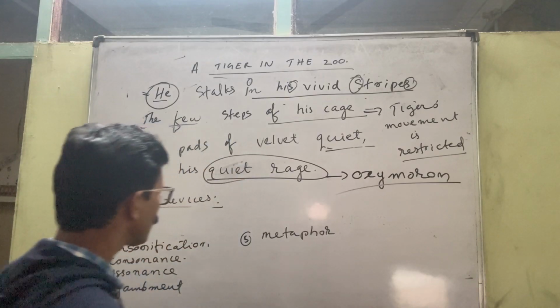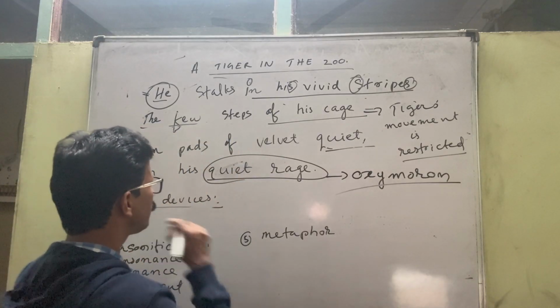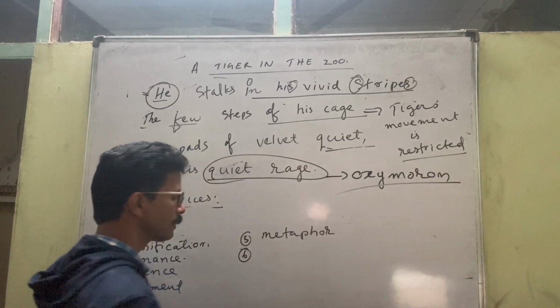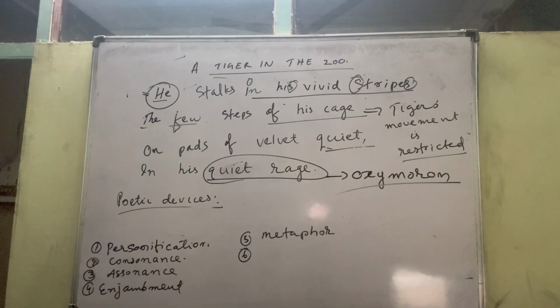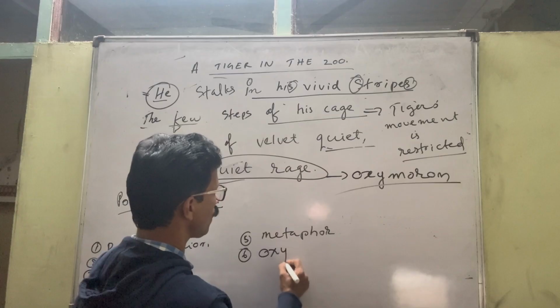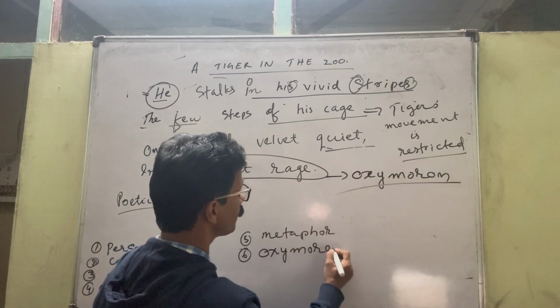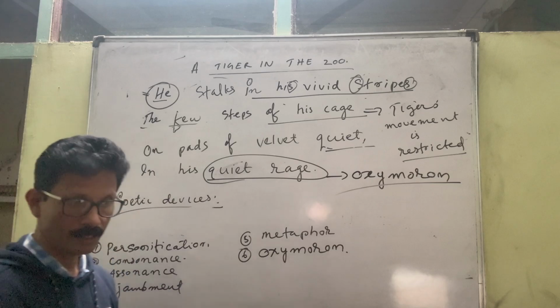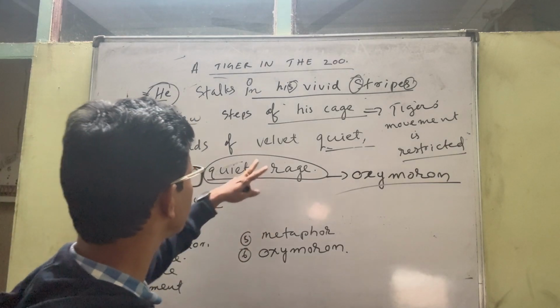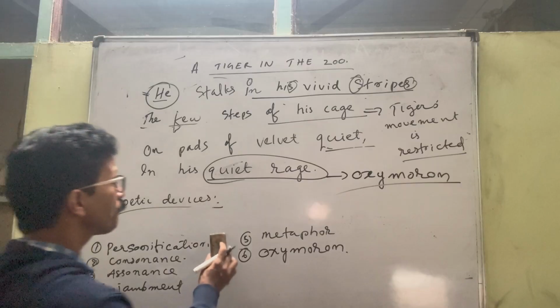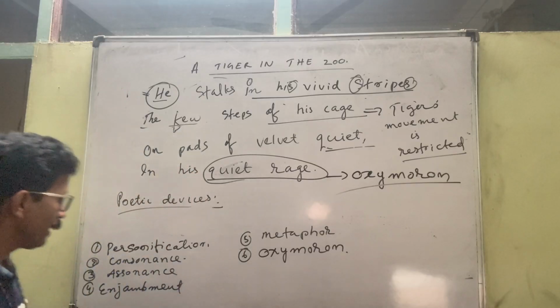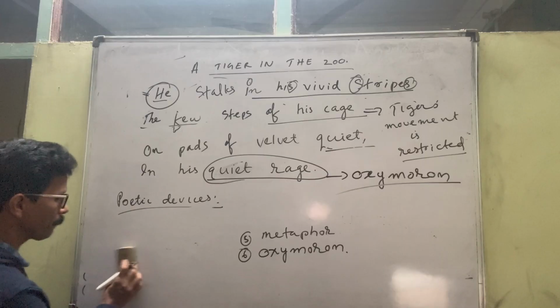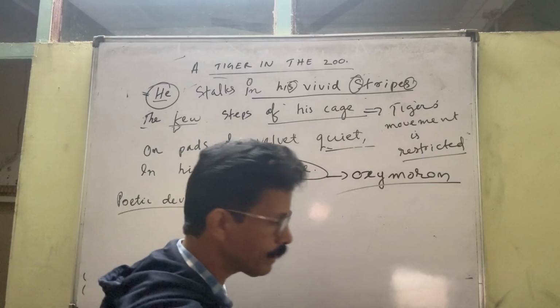So metaphor, and then number six was oxymoron. These are the poetic devices. I told you this is metaphor and not simile. Don't be confused. Now I will make you understand the difference between simile and metaphor.